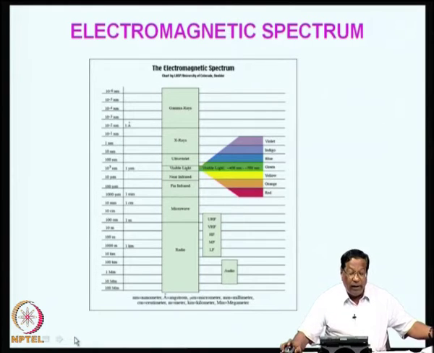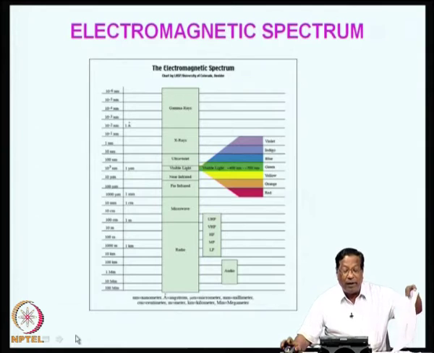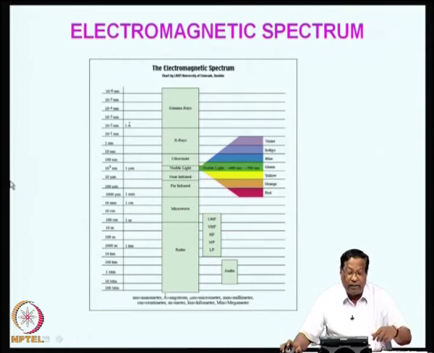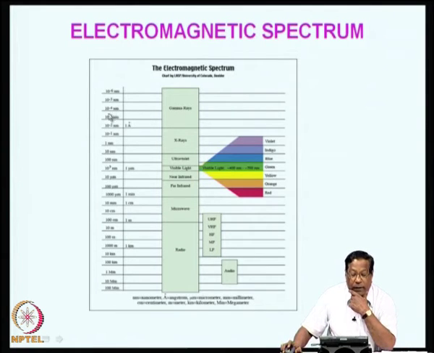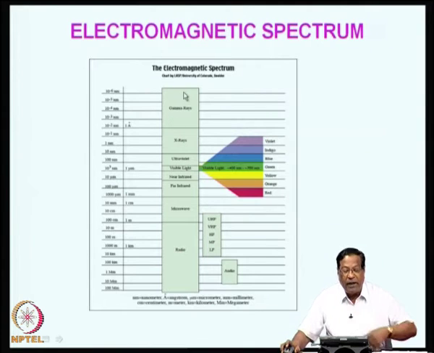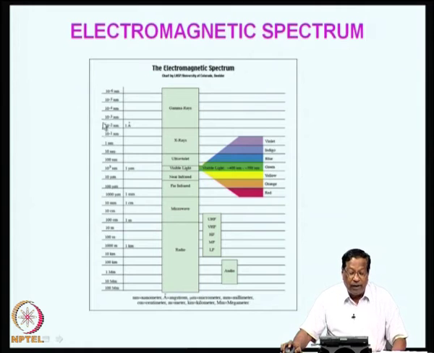Now, you can see the electromagnetic spectrum as consisting of a range of radiations. You can define it in terms of frequency, that is here.